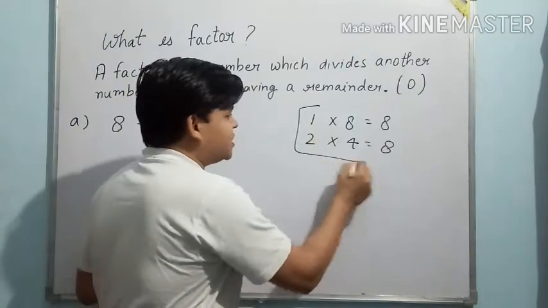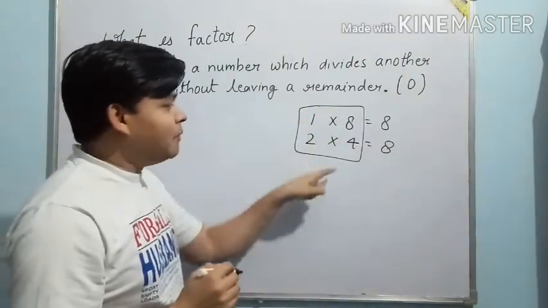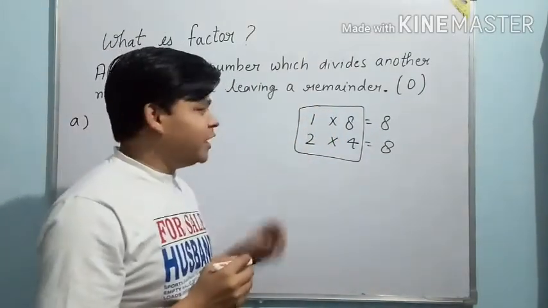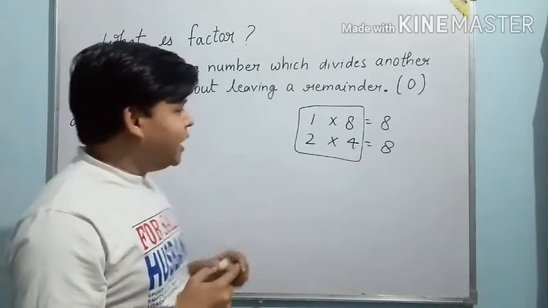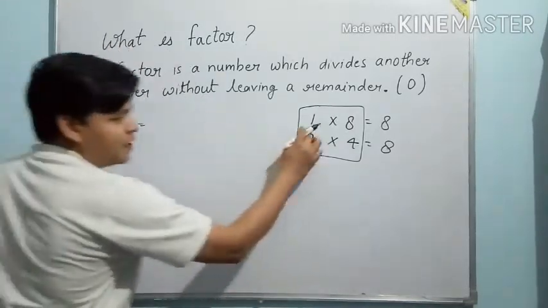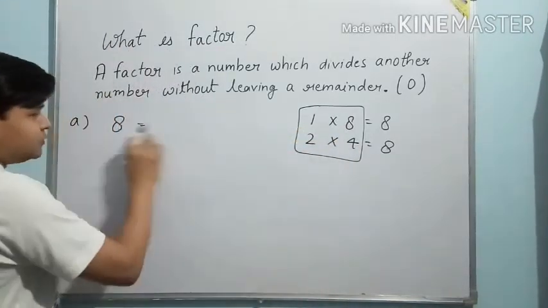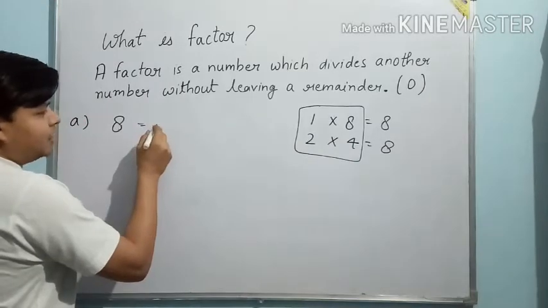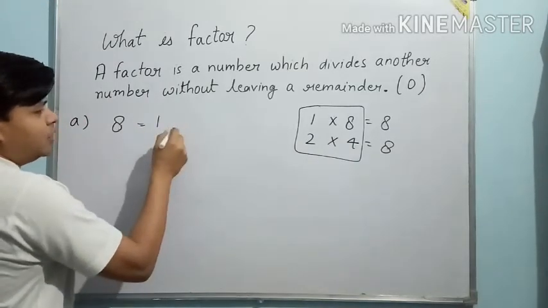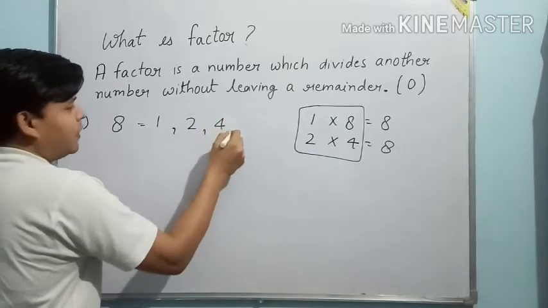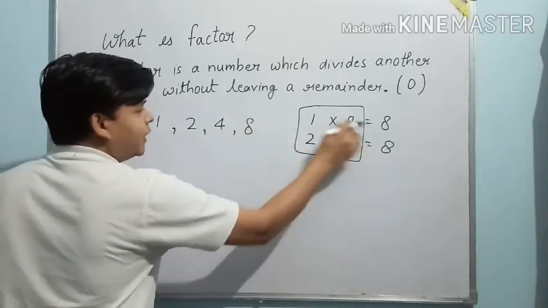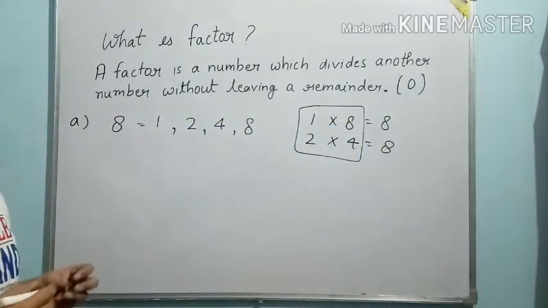We have to check that no number should repeat. So we will stop here, and now one by one we will write all the numbers which are the factors of 8. That is 1, 2, 4, and 8. So these are the factors of 8.